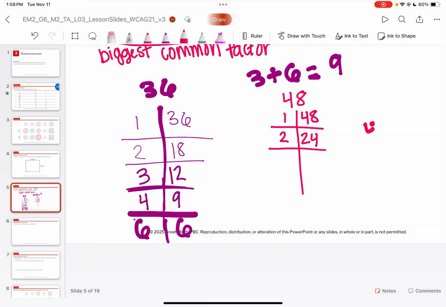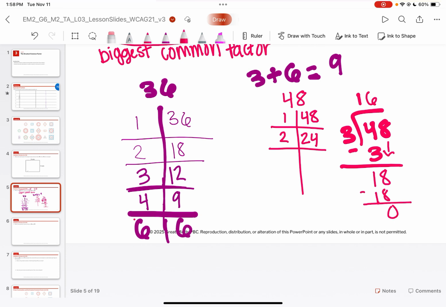I could do 48 divided by 3. Let's check it out. How many groups of 3 can I make with 4? 1. What's 3 times 1? 3. I subtract, I get 1, and I bring down my 8. How many groups of 3 can I make with 18? Do I have any more remaining? Nope.